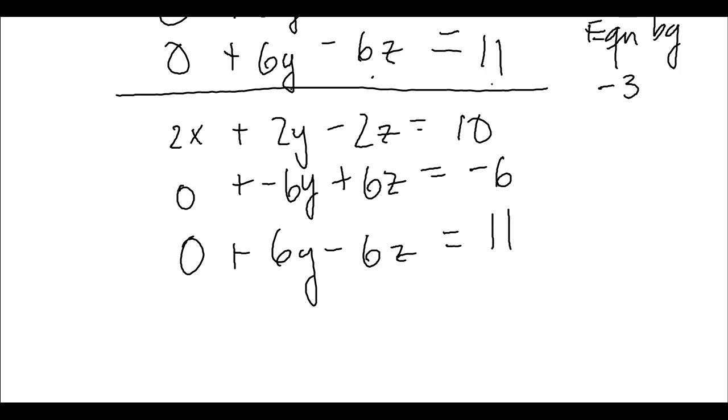Alright, so when I add these two equations together, I got 0, 0 plus 0 is 0, plus negative 6 plus positive 6 is 0. 6 plus negative 6 is 0. What does that equal? Okay, still need to add these last terms. Negative 6 plus 11 is 5.